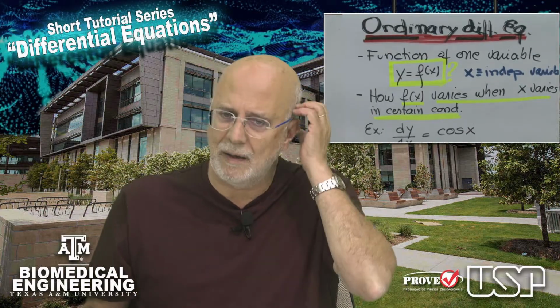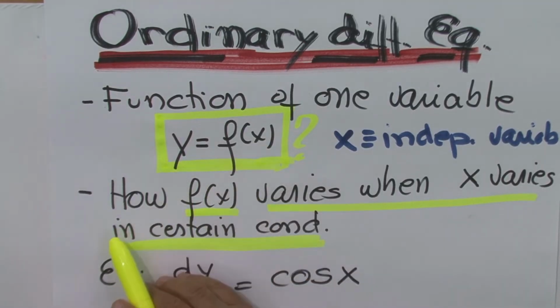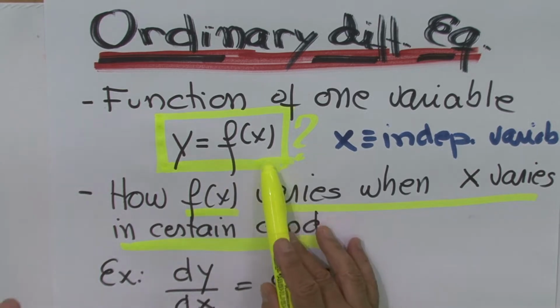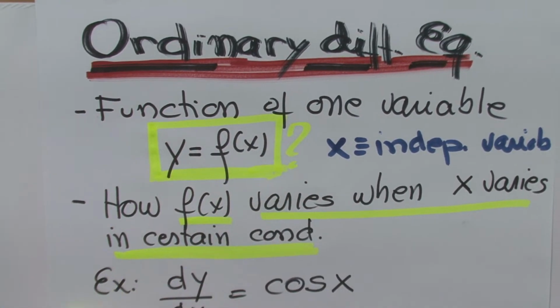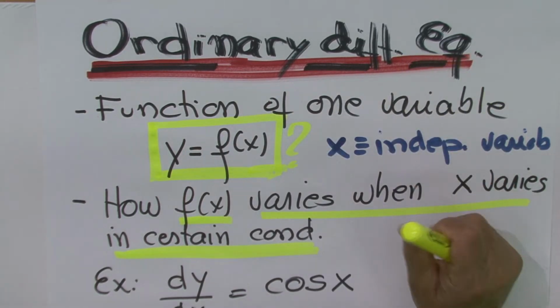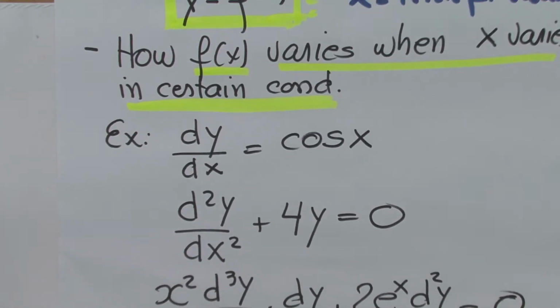So when I have functions or quantities that depend on only one variable, and this is the heart of the problem, right? This function that depends on a variable. We call these ordinary differential equations. And the ordinary differential equations can be of many, many different types.